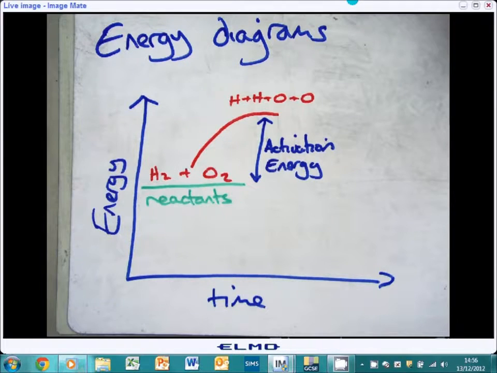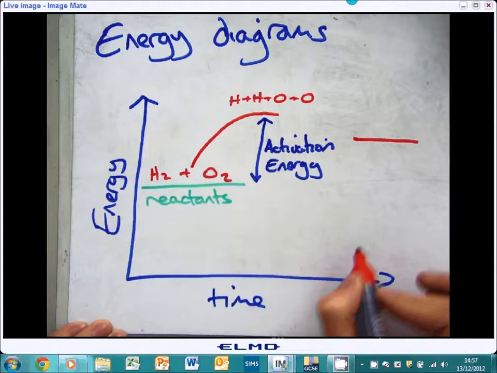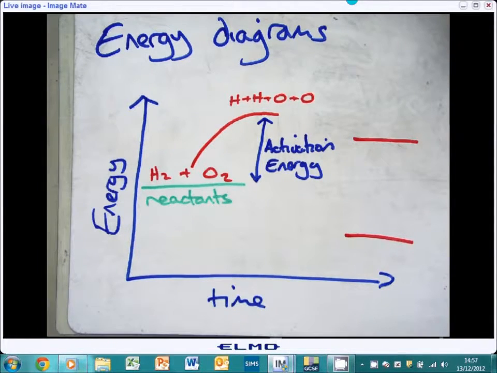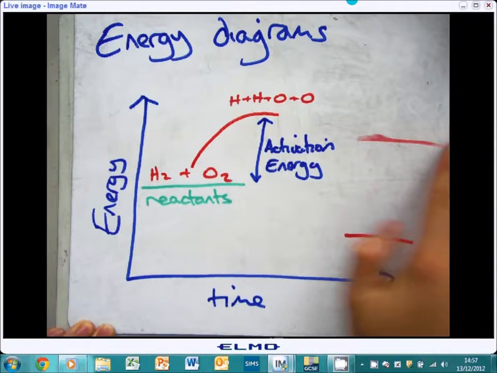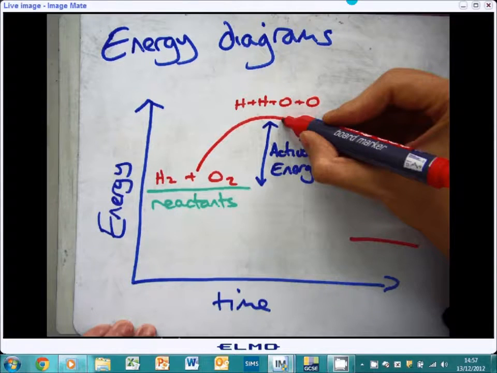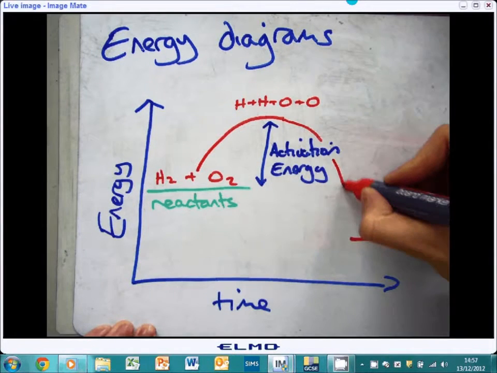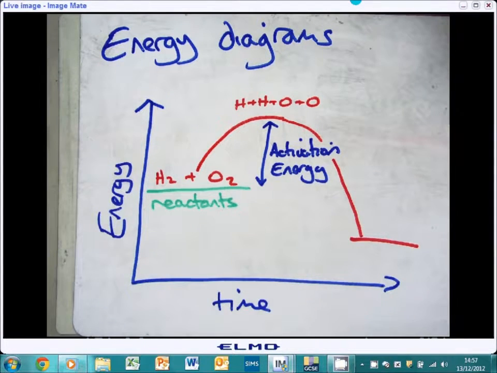Once the bonds are broken, energy is given out. Now, depending on whether it's exothermic or endothermic, you'll end up either with a line here or here. For an exothermic reaction, the line will be down here. And these are your products.